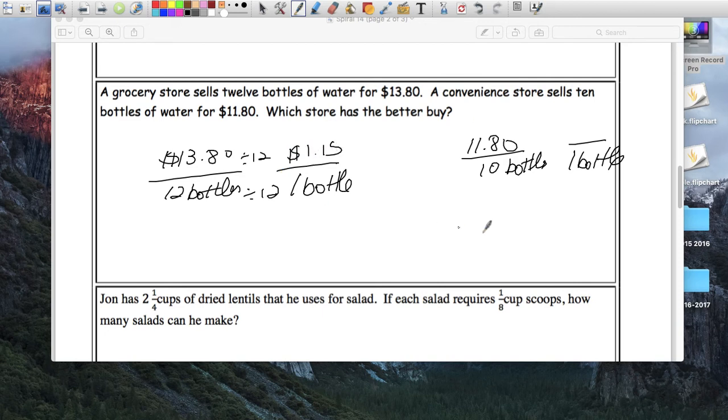Over here, I'm going to divide the bottom by 10, and I divide the top by 10. 11.80, sorry, 11.80 divided by 10. $1.18. So the better deal is this one.